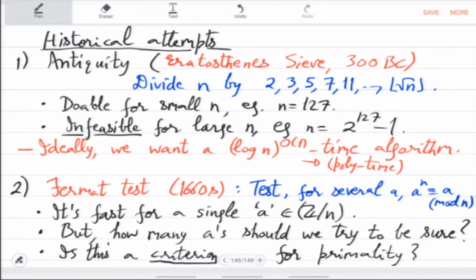So it was discovered much later that this is not a criterion. Even composites satisfy Fermat's little theorem.